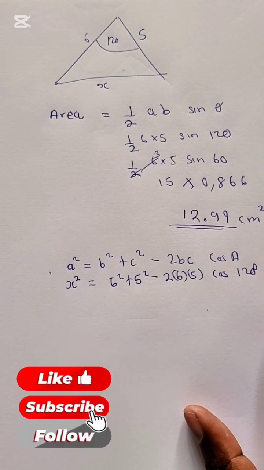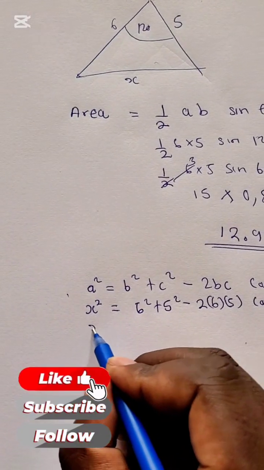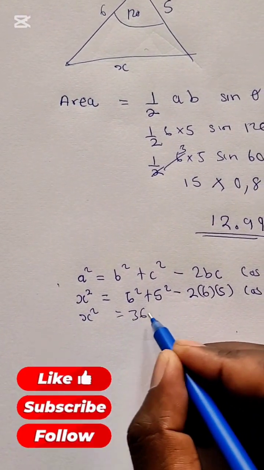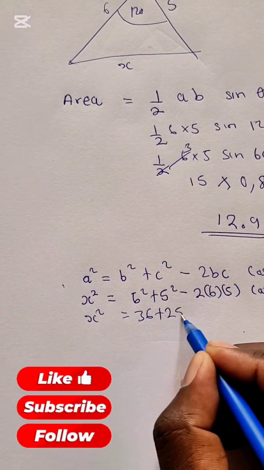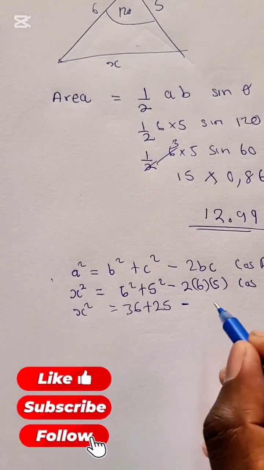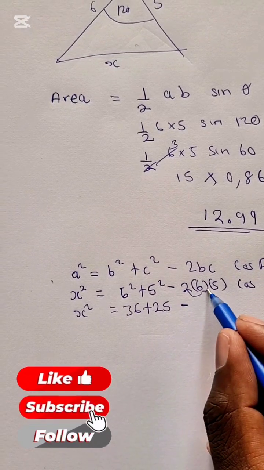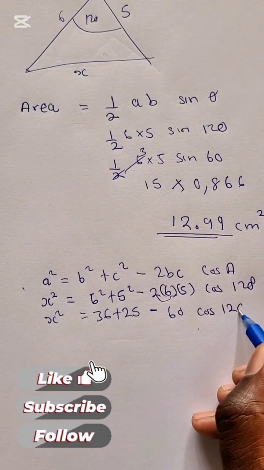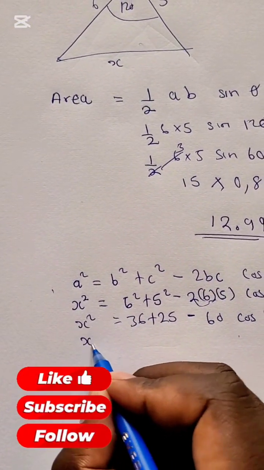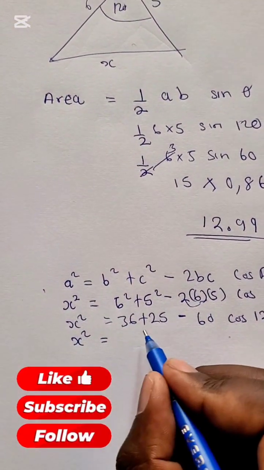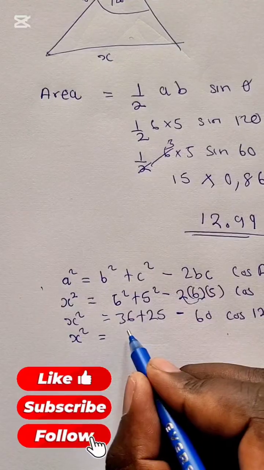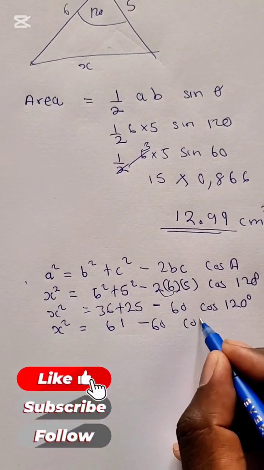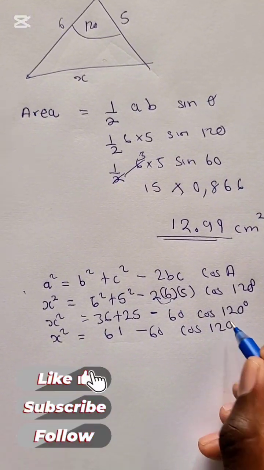So it's the cosine rule for sides. So x squared is equal to 36 plus 25 minus 60, then cos 120. So x squared is equal to 25 plus 36, that's 61, minus 60, then cos 120.